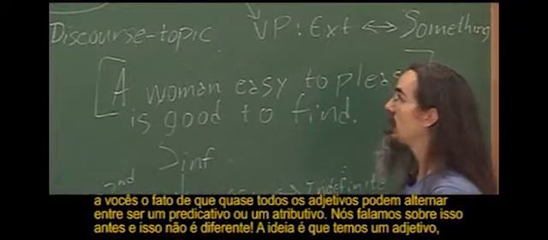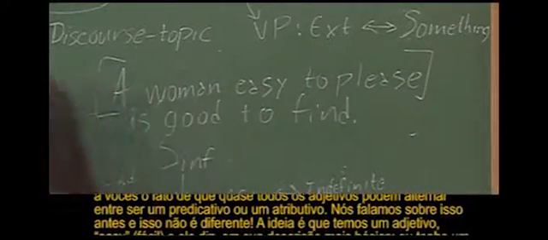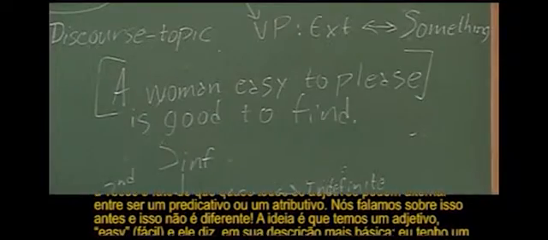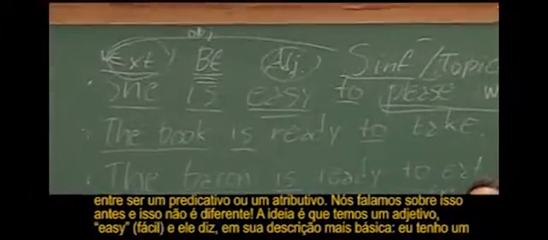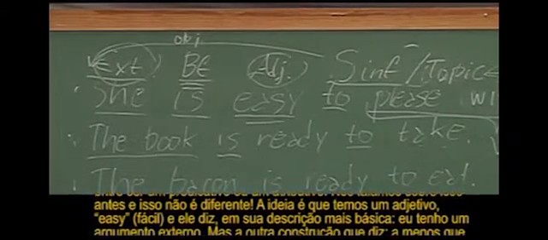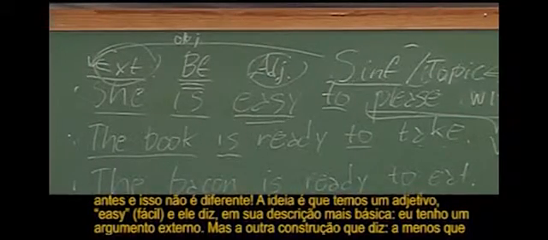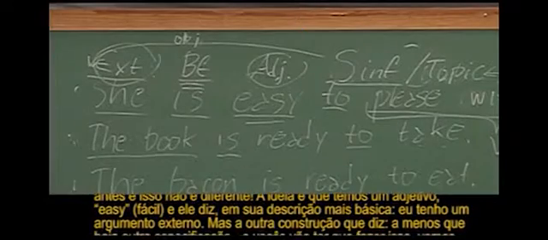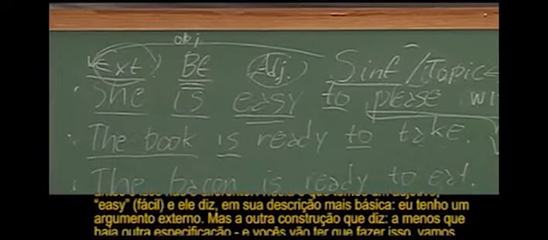So the idea is that we have one adjective, easy, and this adjective just says, in its most basic description, I have an external argument.